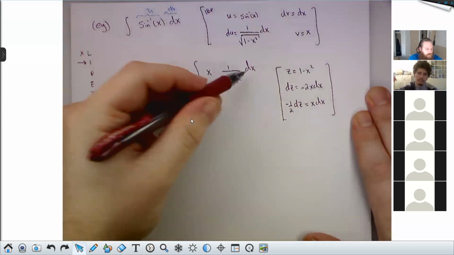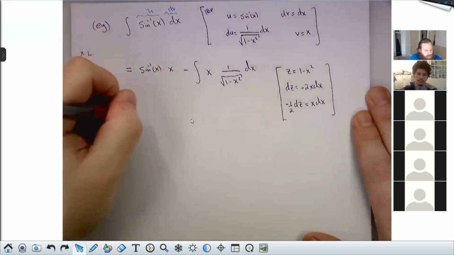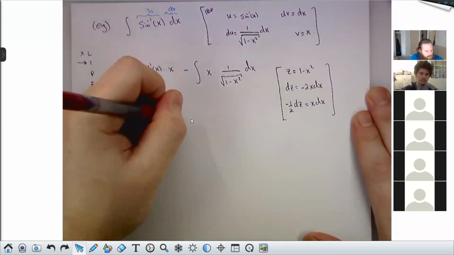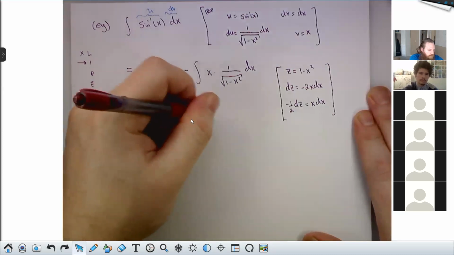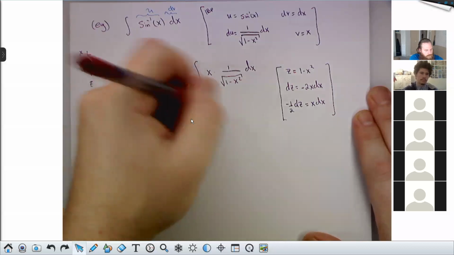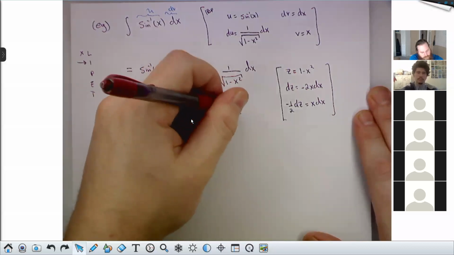So I've got an x dx. I'll rewrite this maybe just for a second. 1 over the square root of 1 minus x squared times x dx. So you can see what I'm doing.